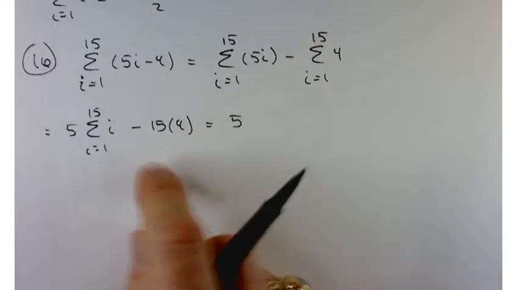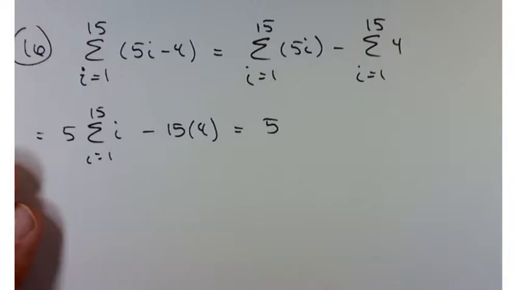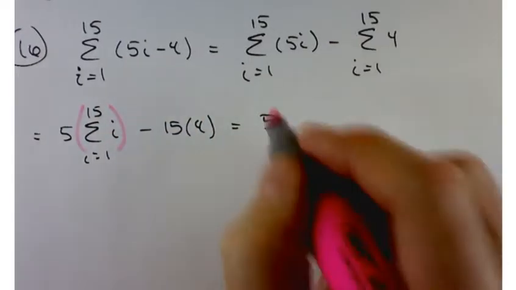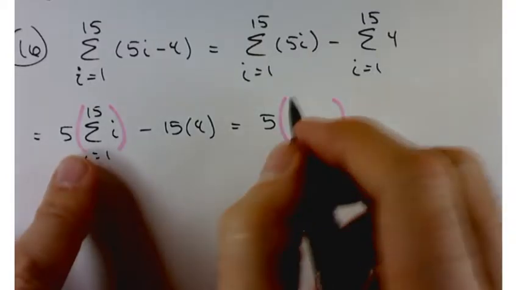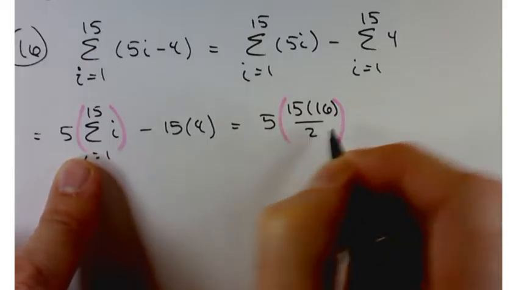Let's work on this one. The nice thing about where we're at here is that this is something for which we have a known sum. The way we can calculate that is to multiply 15 times 15 plus 1. Let me just write that as 16.